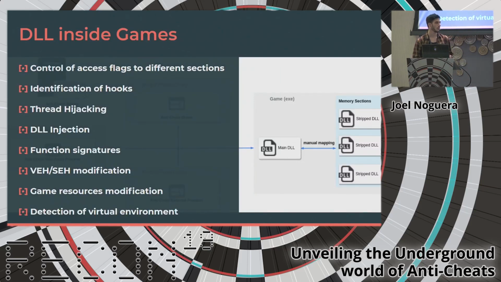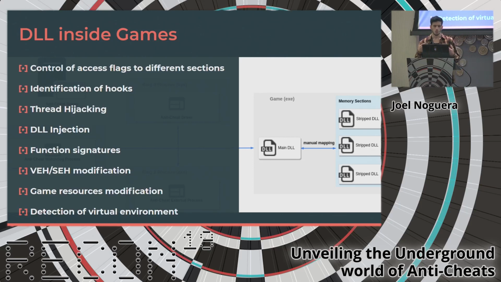Another feature will be a DLL, which will be running inside of the game, in the context of the game. Usually, anti-cheats load a main DLL packed with them, and then they start loading, in an unmapped region of memory with stripped headers, multiple DLLs with different modules that will take care of different functions and manage specific tasks.